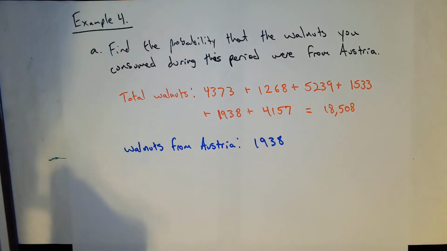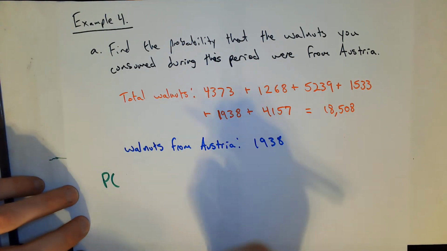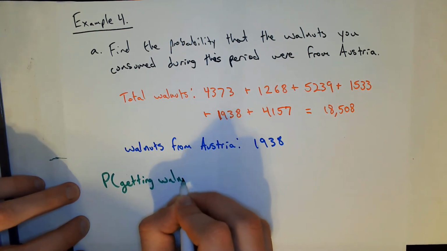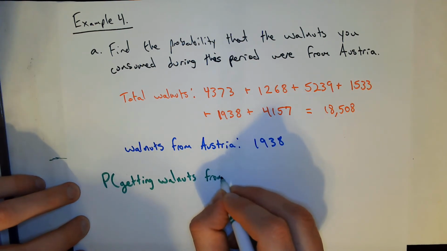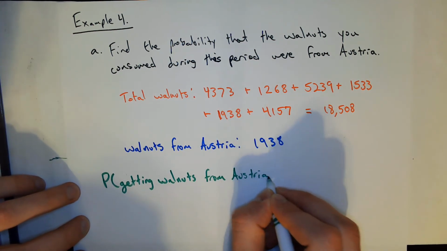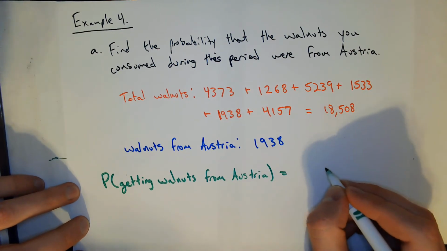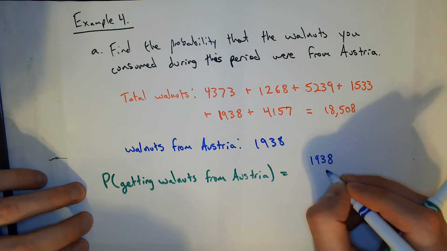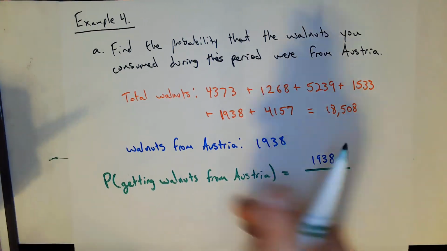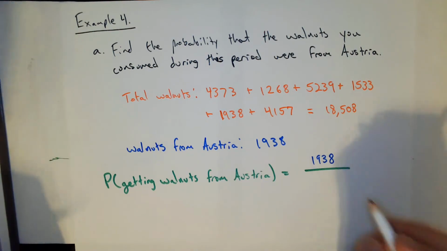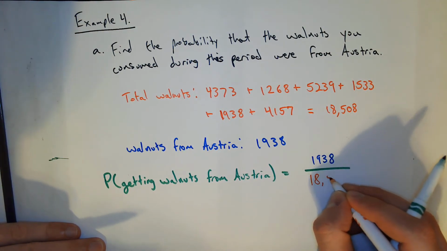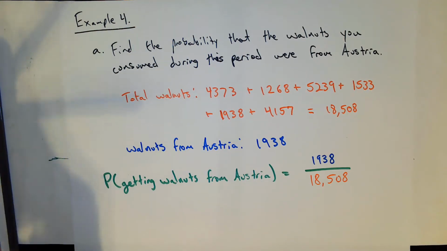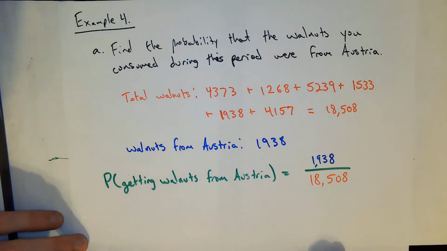So the probability of my event, getting walnuts from Austria, is equal to the number of walnuts that came from Austria divided by the total number of possible walnuts that made their way into America in this time range of 2006 to 2011.